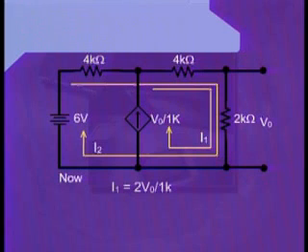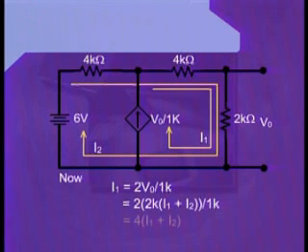And now, in the previous slide, we have already written the expression for V0. Therefore, putting the value in terms of two unknown variables into this equation, we can write I1 is equal to 2 into 2K into (I1 plus I2) divided by 1K.